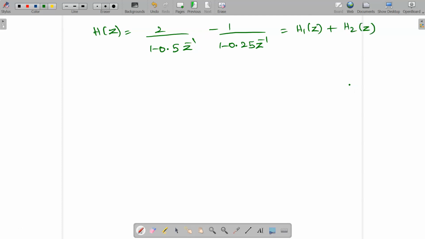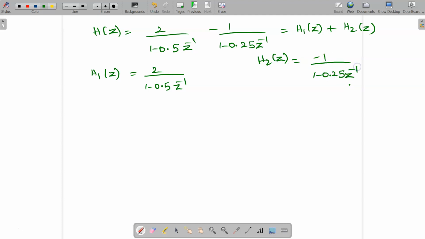We can easily write h1 of z as 2 by 1 minus 0.5 z inverse, and h2 of z is minus 1 by 1 minus 0.25 z inverse. First let me draw the direct form 2 structure for h1 of z separately, h2 of z separately.